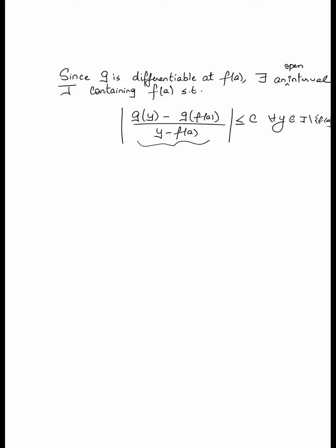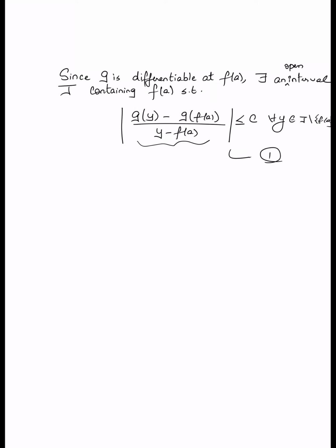This follows easily just from the fact that g is differentiable at f(a). Now we will use this fact to argue about the derivative of the composite function at a. Now this is for g, right? So there is some open interval J containing f(a) such that this condition 1 holds.